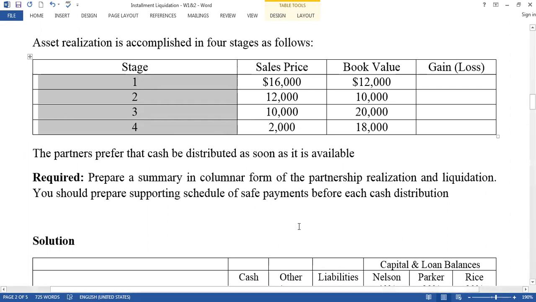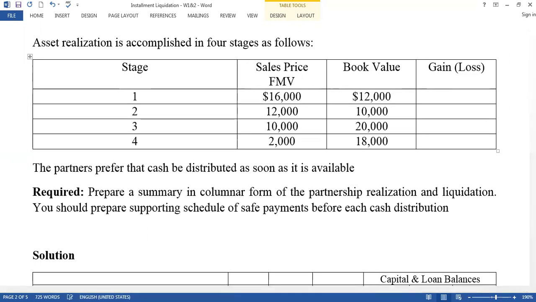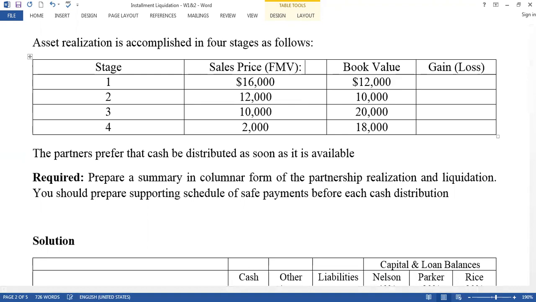In the first stage, we sell $12,000, this is the book value, of our non-cash asset and we receive cash $16,000. We compare this to the fair market value, and it is related with cash.